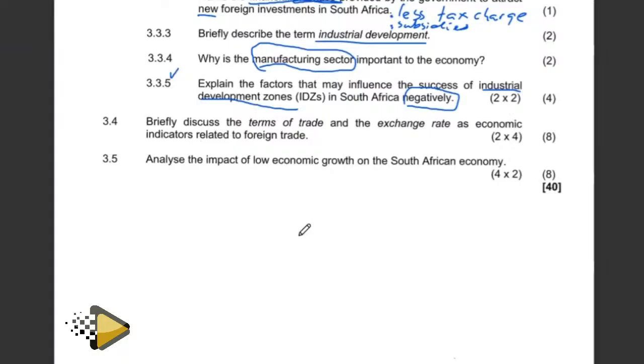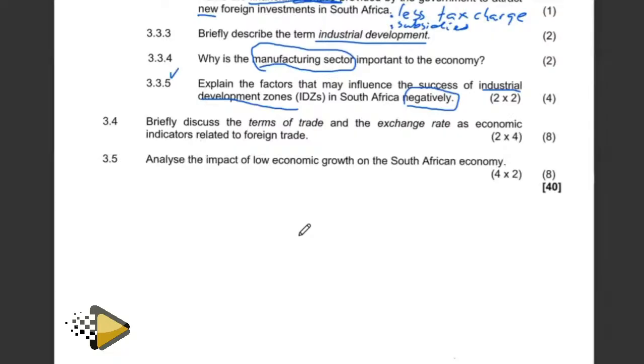If you take this question, it says explain the vectors that influence the success of industrial development zones in South Africa negatively. So it means we must check the vectors that prevent industrial development in South Africa.